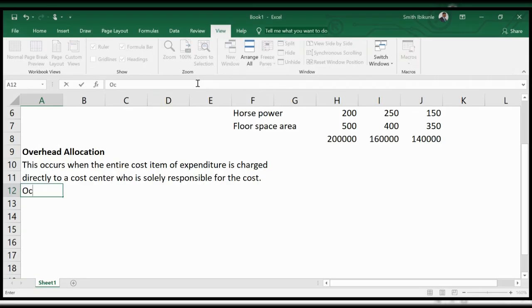Now let's look at overhead apportionment.